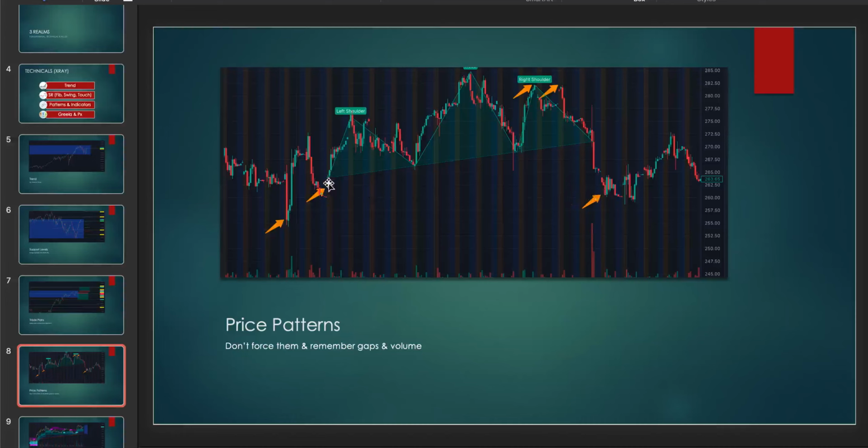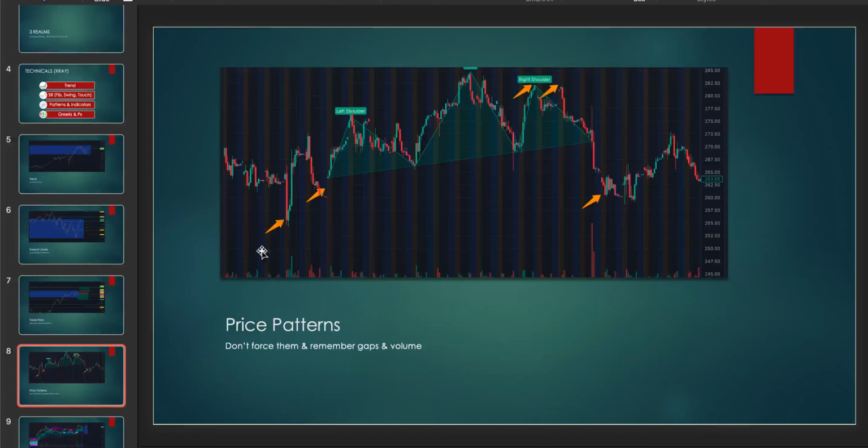So also don't try to force these price patterns, as this one clearly is. If it's not there, it's not there. Don't try to mark one where there isn't one. And then there's easier patterns such as double tops, which could also signal downside in that case, and then the typical bull flag, which is one of the more common ones.